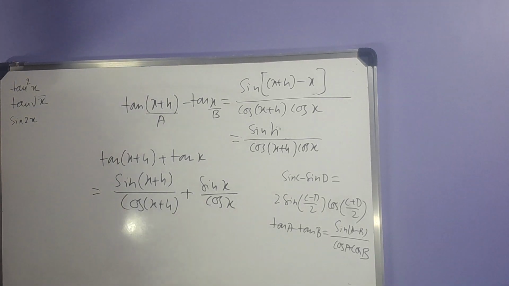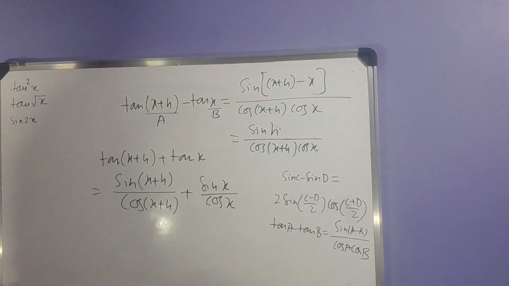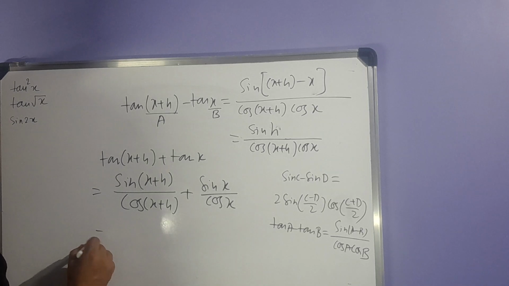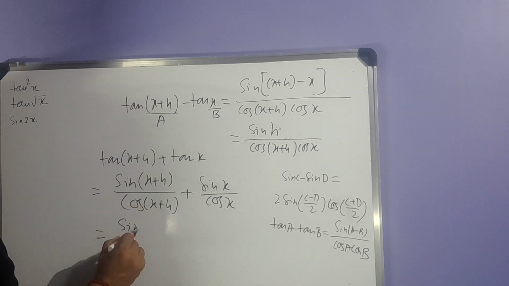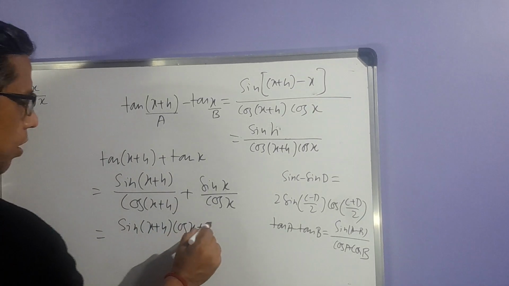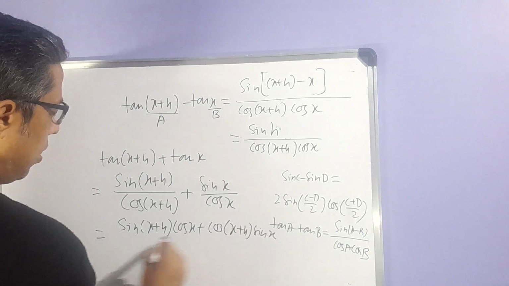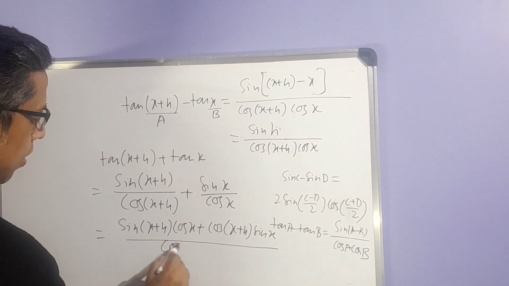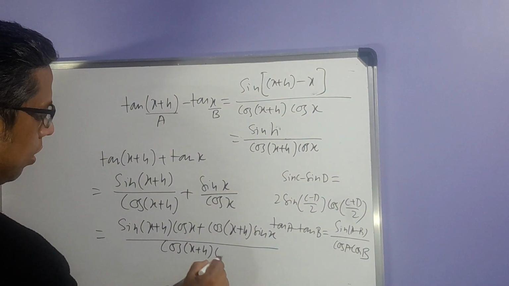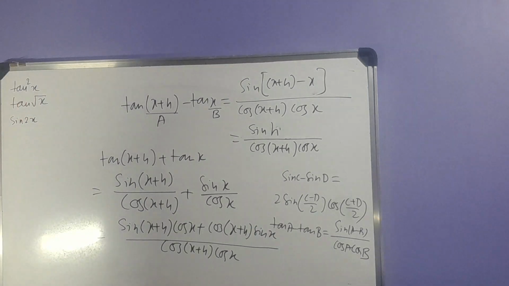Now next will be simple. I think it's more visible, right? So it will be sine of (x plus h) cos x plus cos of (x plus h) sin x, divided by again cos of (x plus h) cos x. I think it's clear to you now.